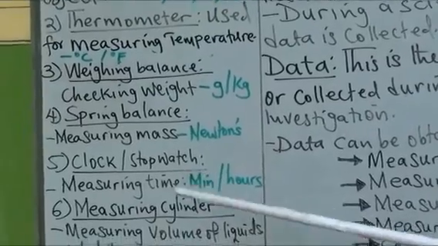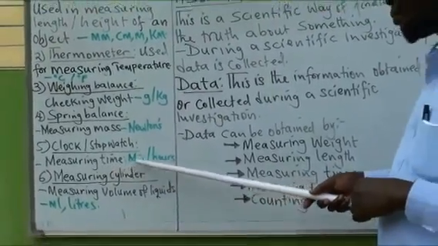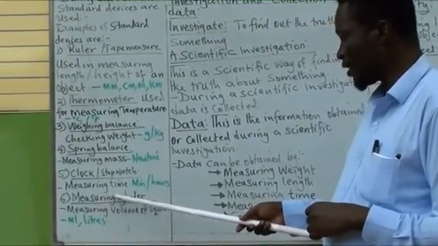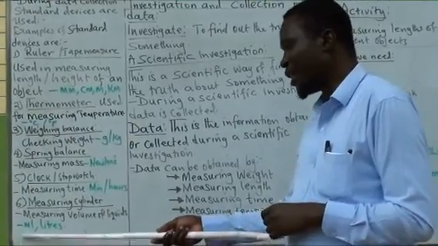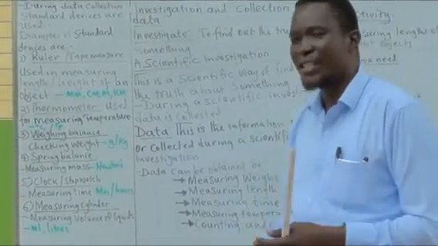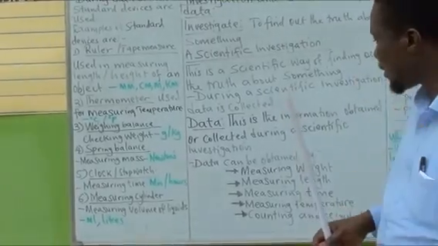Then we have the clock or the stopwatch, which measures time in minutes and hours. Then we have the measuring cylinder, used in measuring the volume of liquids in milliliters and liters. So these are just some of the standard devices that we use in our scientific investigation.